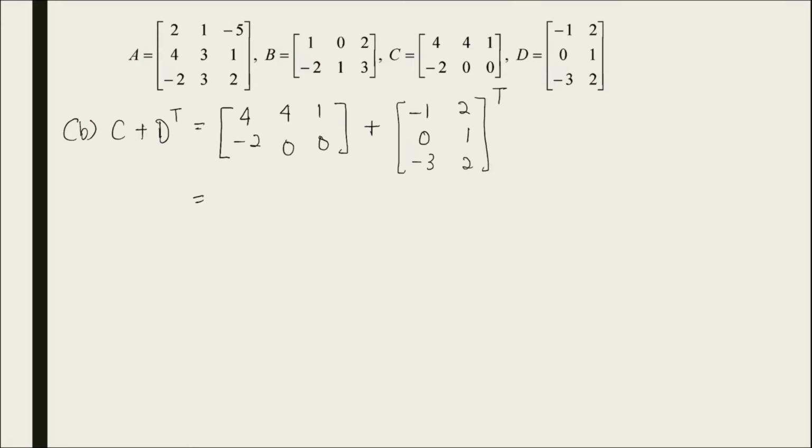That symbol means transpose. And to transpose a matrix, we have to use the Rocco rule. So what does Rocco mean? Row becomes column.